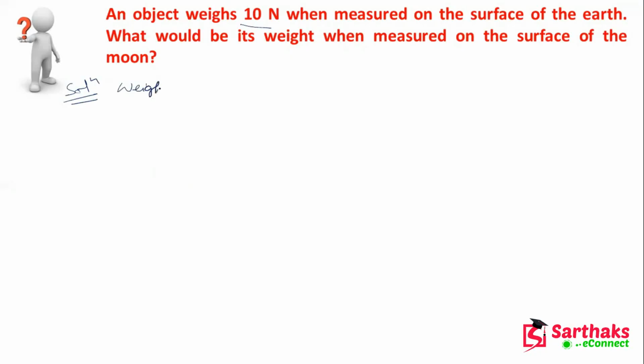Now here, from the previous derivation we know that the weight of an object on the moon is 1/6 of its weight on earth, right?